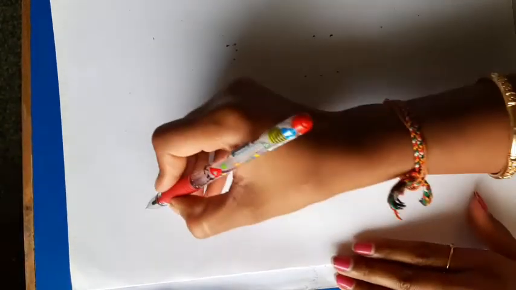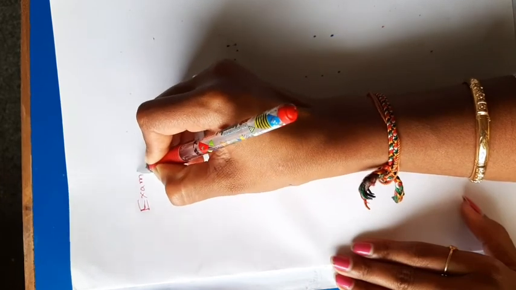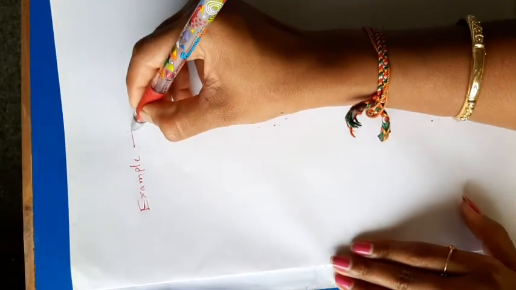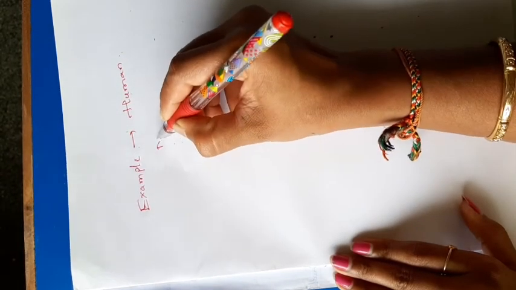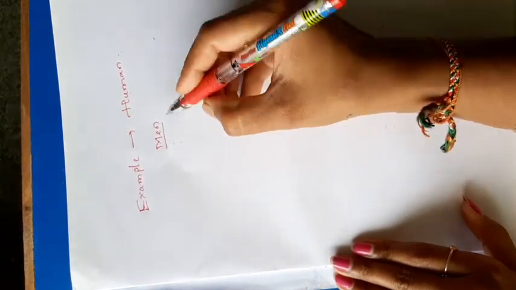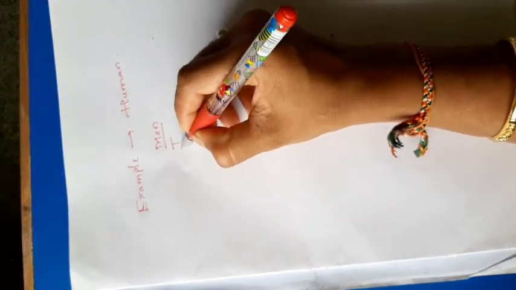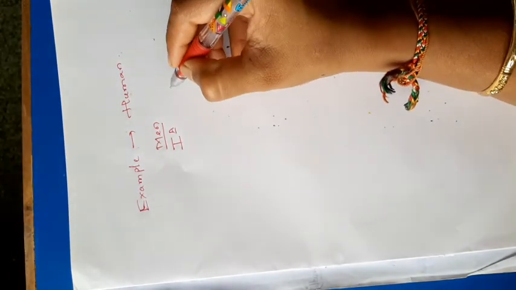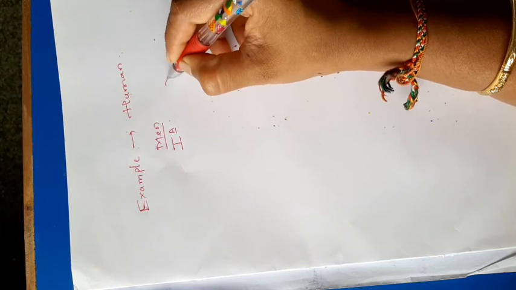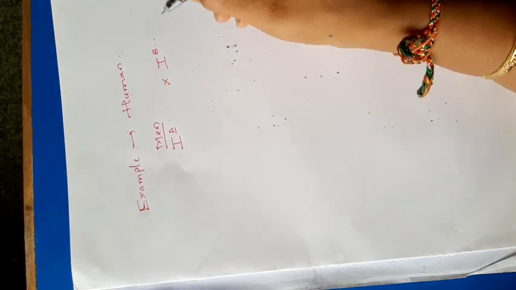We can take an example. A man with blood group A is going to be married to a woman with B blood group.